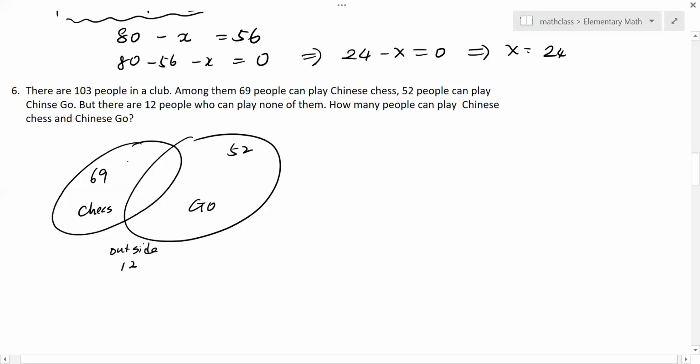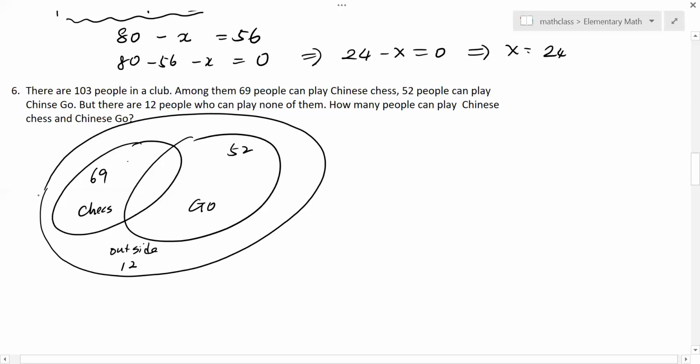That's 12 people here. That forms the club. Based on that information, let's calculate the total number of people in the club, and denote by X the number of people in the intersection. That means they can play both Chinese chess and Go.